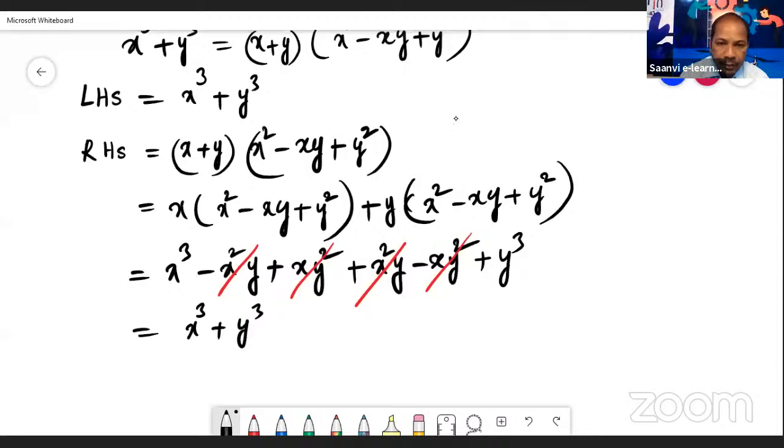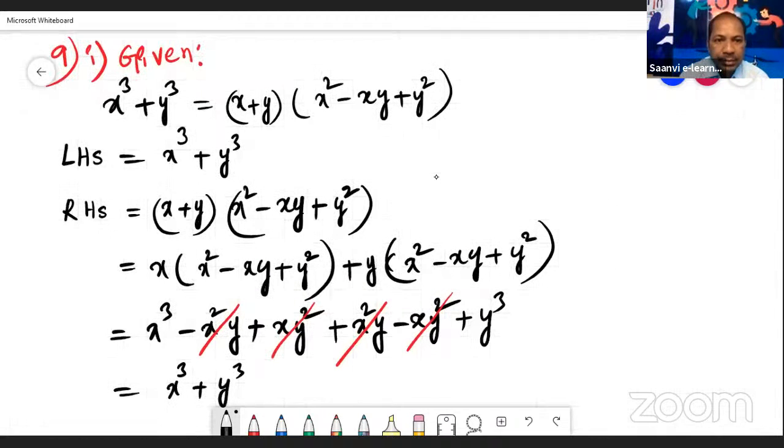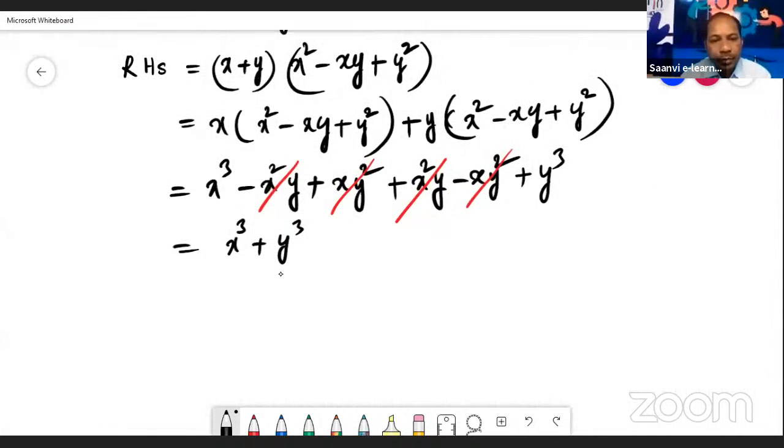When we take RHS and simplify it, we got the LHS. In LHS, x cube plus y cube is there, no? So when we take RHS and simplify it, we got the same value. LHS is equal to RHS. Hence verified.